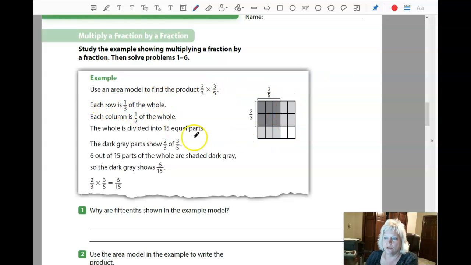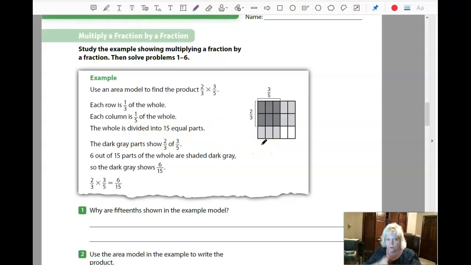Each row is 1/3. This is 1/3, this is 1/3, this is 1/3, and if we added 1/3, 1/3, and 1/3, we would have 3/3, which would be the whole. That's what it's telling us right here. Each row is 1/3 of the whole. Each column is 1/5 of the whole. The whole is divided into 15 parts.